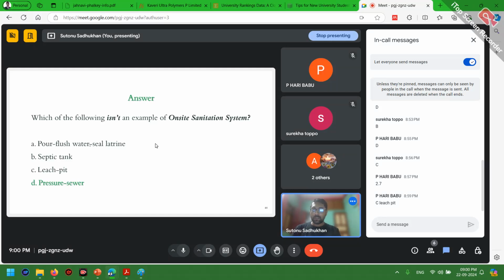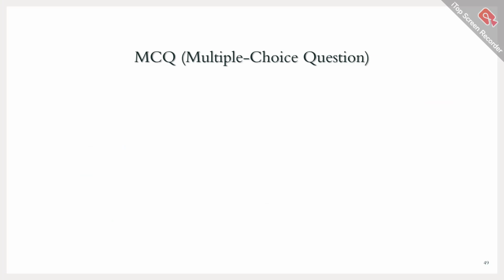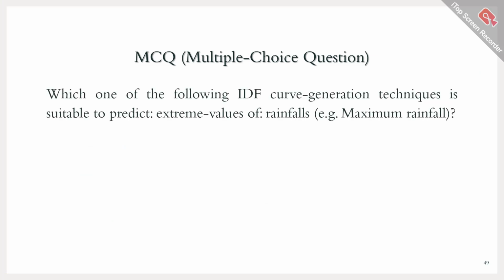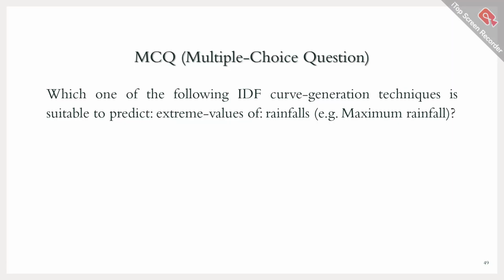Now the next MCQ, this one will be the last MCQ as the time is over, so we'll end with this. Which one of the following IDF curve generation techniques is suitable to predict extreme values of rainfall, for example maximum rainfall?